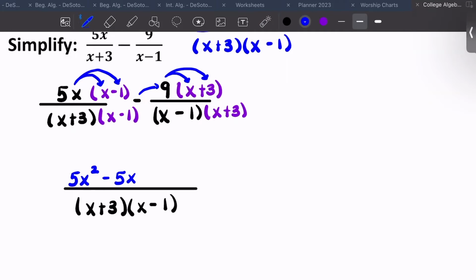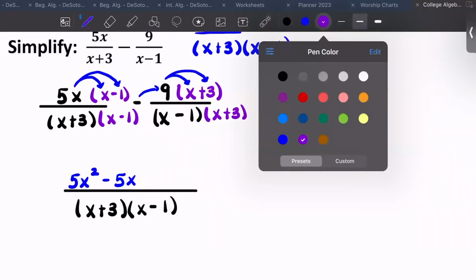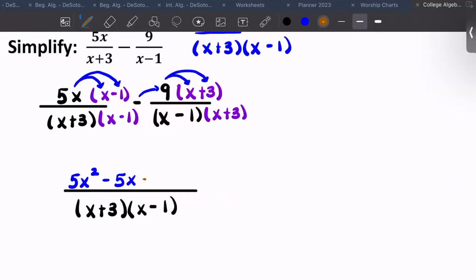Okay, so we say, I'm going to do it in a different color. Minus 9x minus 27. Okay. So let's clean it up a bit.